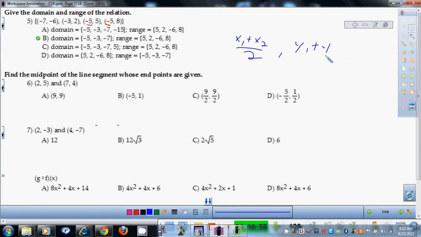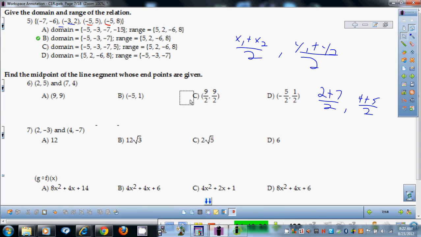So that's going to be 2 plus 7 over 2 and 4 plus 5 over 2. Both of those are 9 over 2, which do not reduce. So the answer is C, Charlie's cucumber.